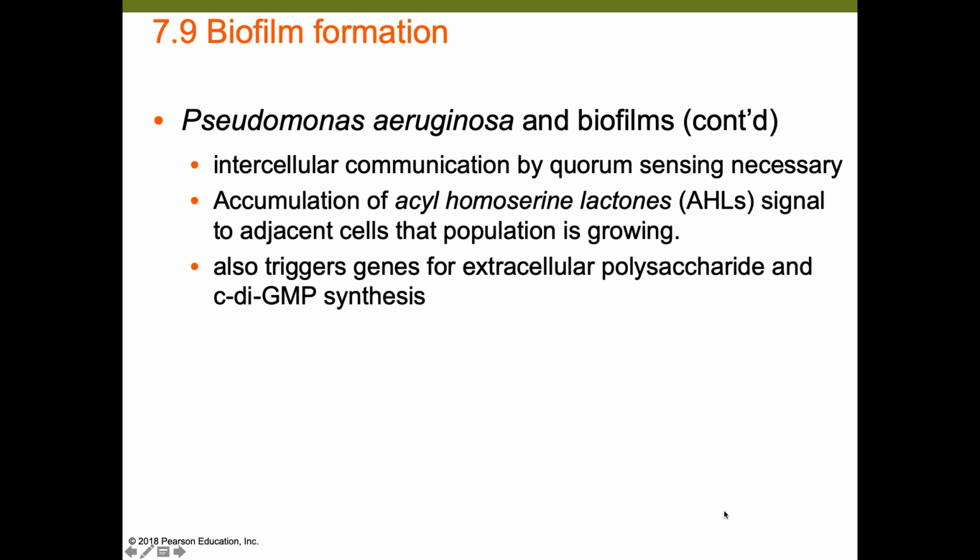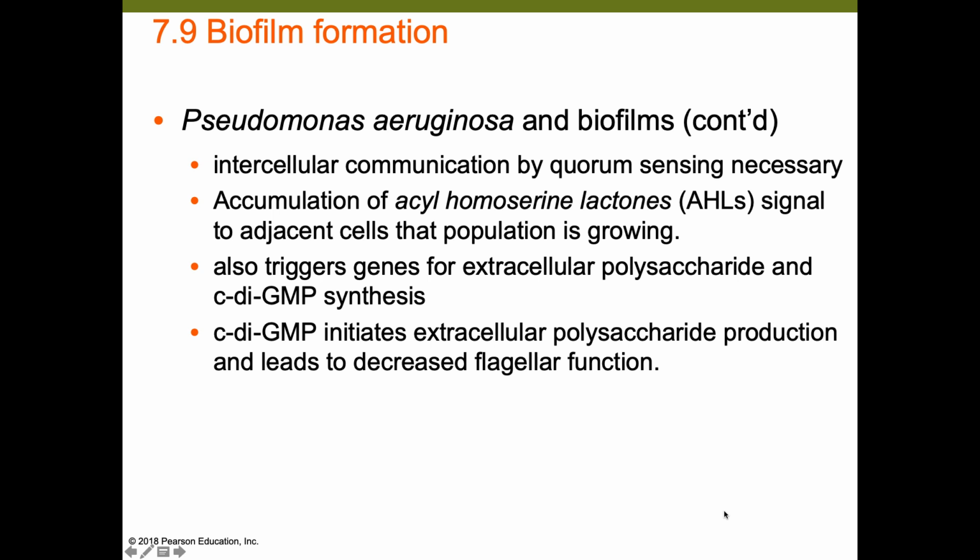Remember, cyclic di-GMP is important for biofilm formation. It helps turn off motility, turn on adhesion, turn on polysaccharide secretion. Okay? So you get the initiation of extra polysaccharide production, and you get the downregulation of the flagellum. We're not moving anymore. We're going to sit here and build our biofilm.